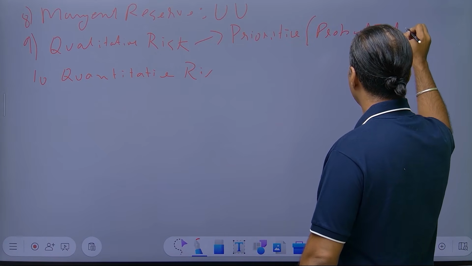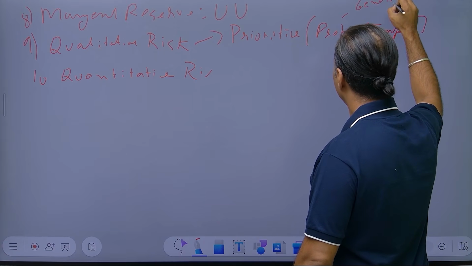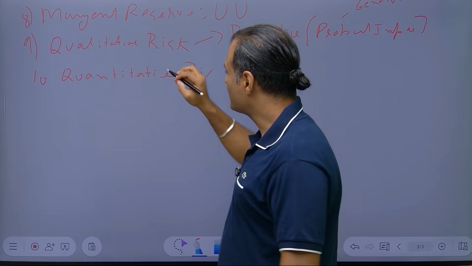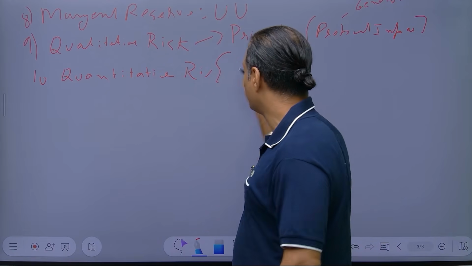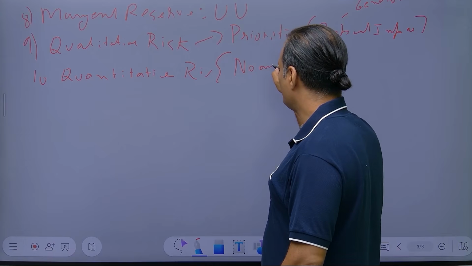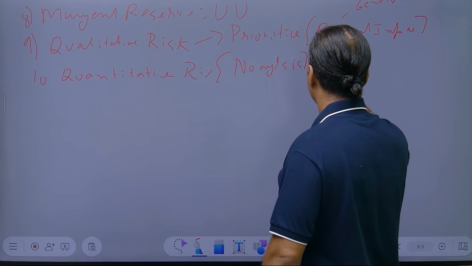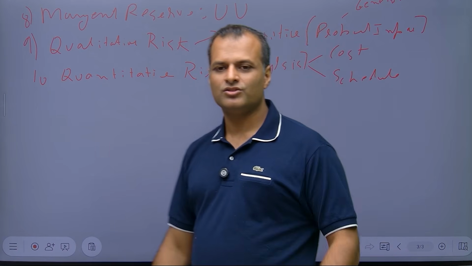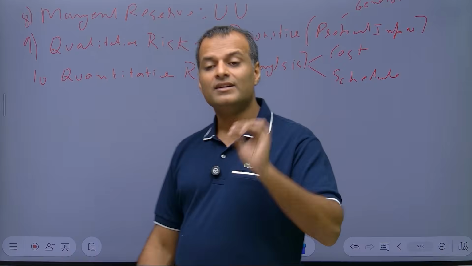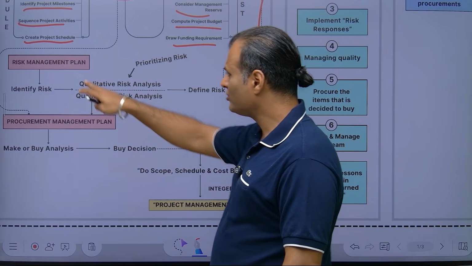You're doing more like a generic analysis. Quantitative is number analysis, right? What do I mean by number analysis? You will say that, okay, this is how much it will cost me, this is how much it will impact the project schedule. So that's your quantitative risk analysis. Okay, so that's your risk management plan.